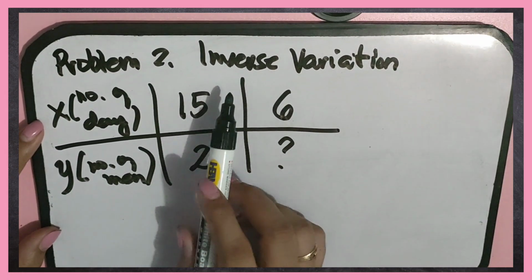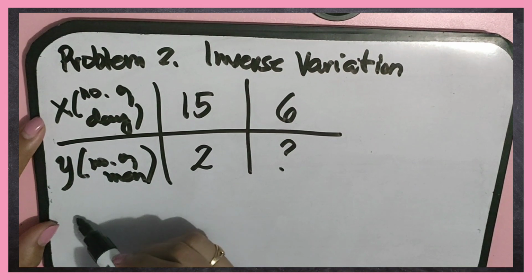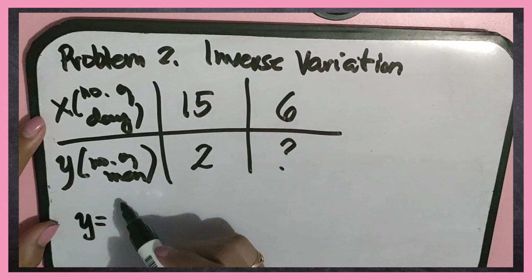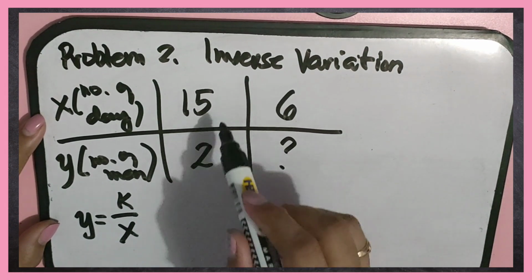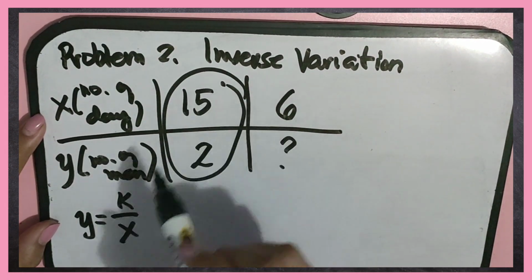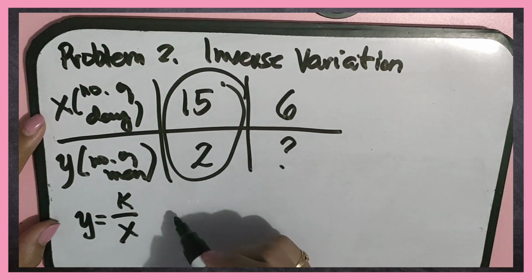So now this is inverse variation. So the mathematical equation is y is equal to k over x. Then of course, let us substitute 15 and 2 to our mathematical equation to get the constant of variation.